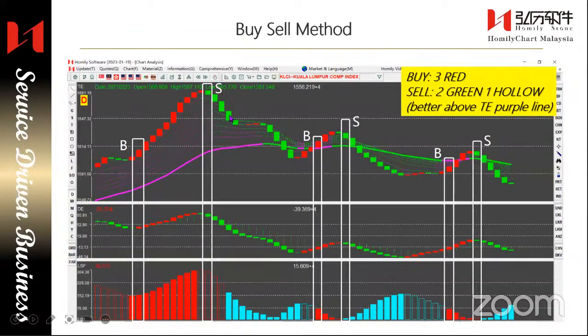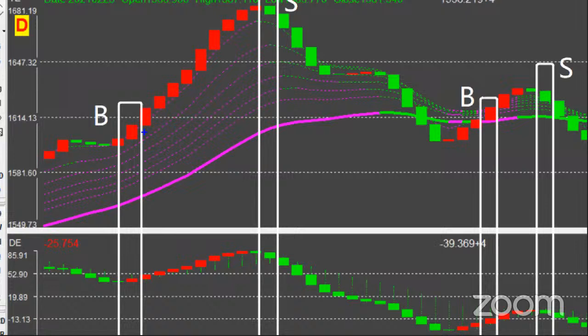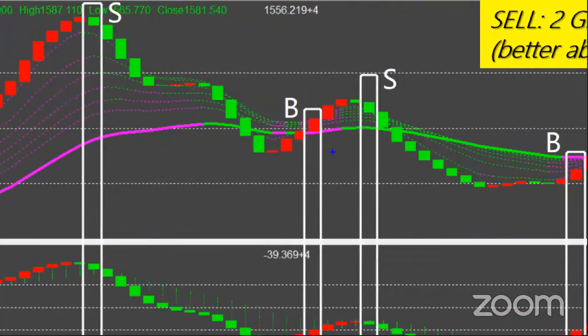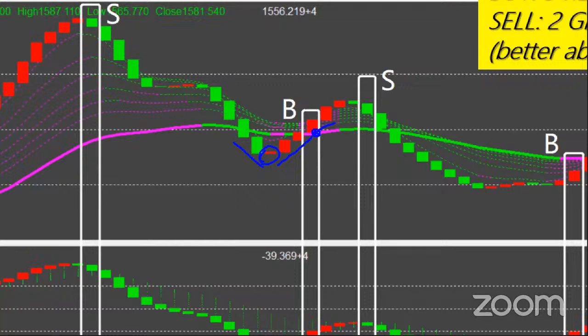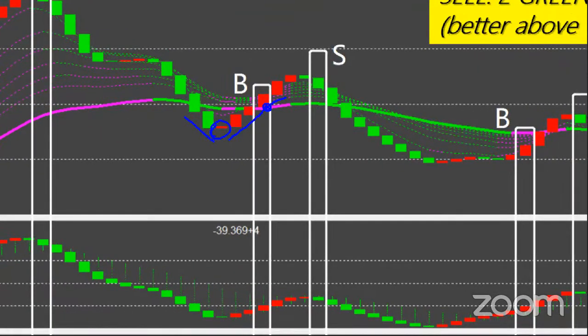The difference between the left part and the right part is that the left part is above the line. It seems the trend is quite nice, but the right part, you see, has actually already dropped below the line and broken through on just the first day. If you see, the first red is actually below the line, so this type is not as stable.